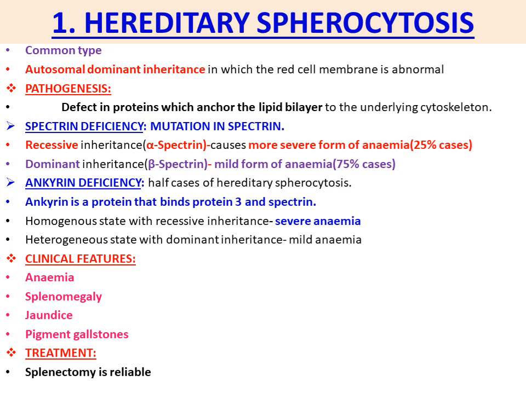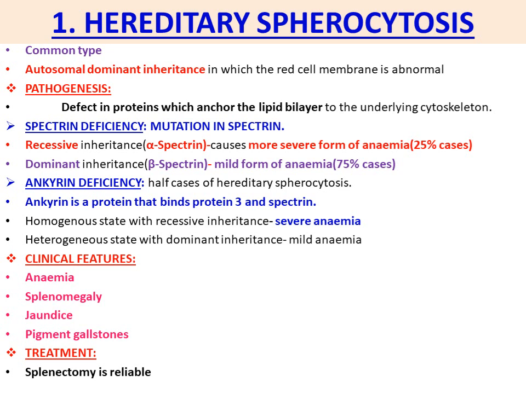In the homozygous state with recessive inheritance there is severe anemia, in the heterozygous state with dominant inheritance there is mild anemia. So recessive factors are dangerous for both spectrin and ankyrin deficiency mutations.